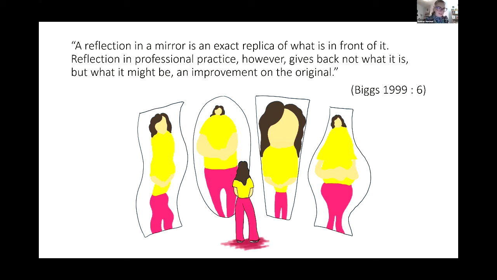But reflection in professional practice gives back not what it is, but what it might be, an improvement on the original. How might things look? It's really important for us to reflect in depth and to keep hold of that. And I'm going to end the session tonight with something that I found as a really beautiful reflection tool for myself. So P and R, purpose and reflection.